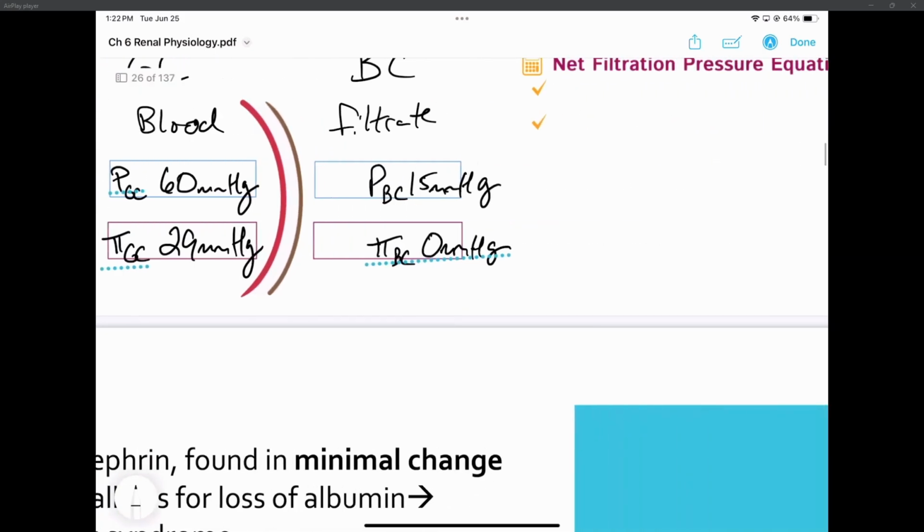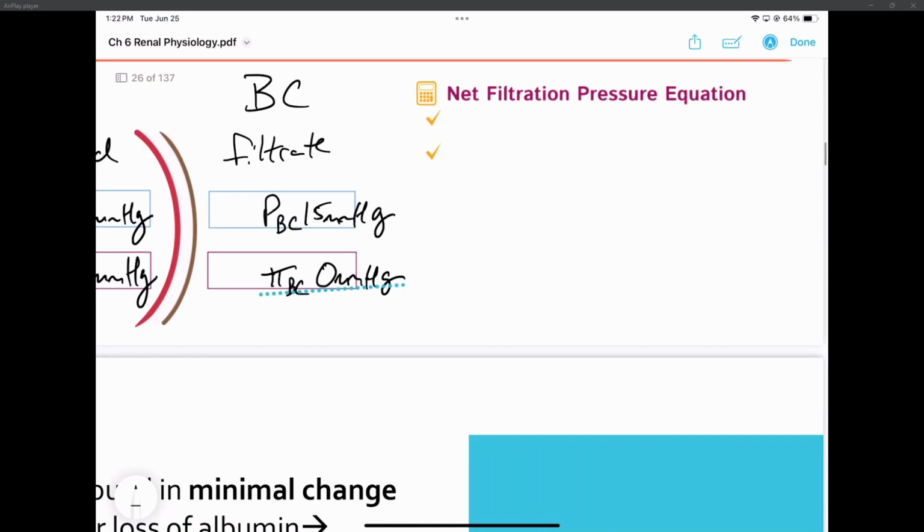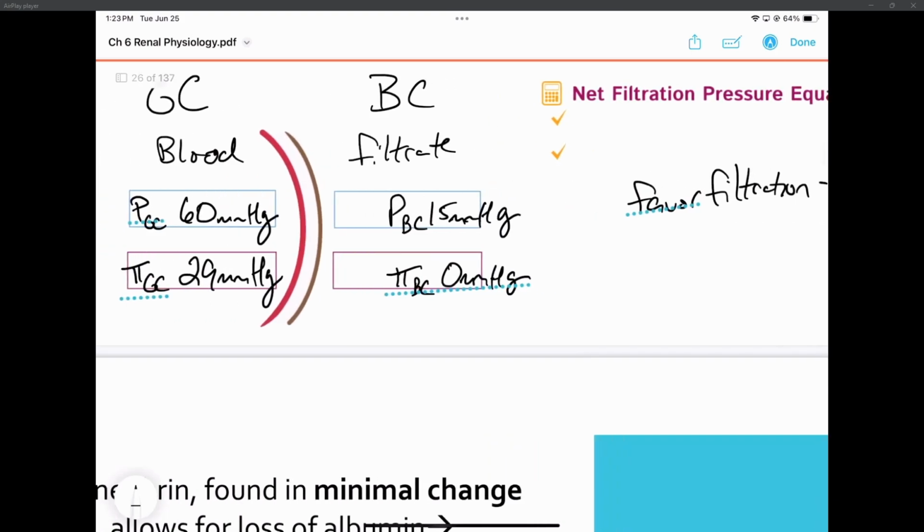So if we take this as a formula now, on one side, we have factors that favor filtration minus the factors that oppose filtration. Okay, what favors filtration? Of those 4 variables we have on the side there, which ones favor filtration, pushing it into this space?